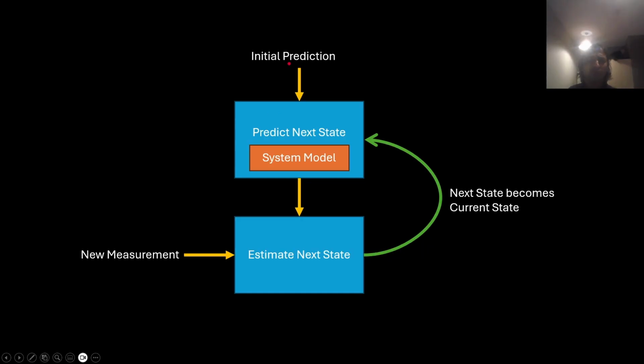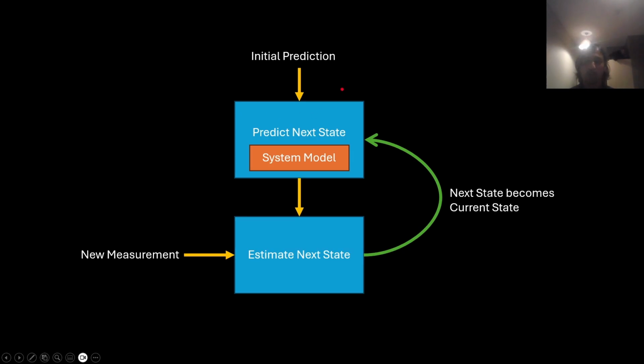Now, it's also important to see this initial prediction stage. When at time equals 0, when we predict stuff, we are predicting based on previous values. But if you just started the Kalman filter at time equals 0, there's no prediction, there's no last state essentially. There's nothing previously measured. Instead, you have to put your own initial predictions in there.